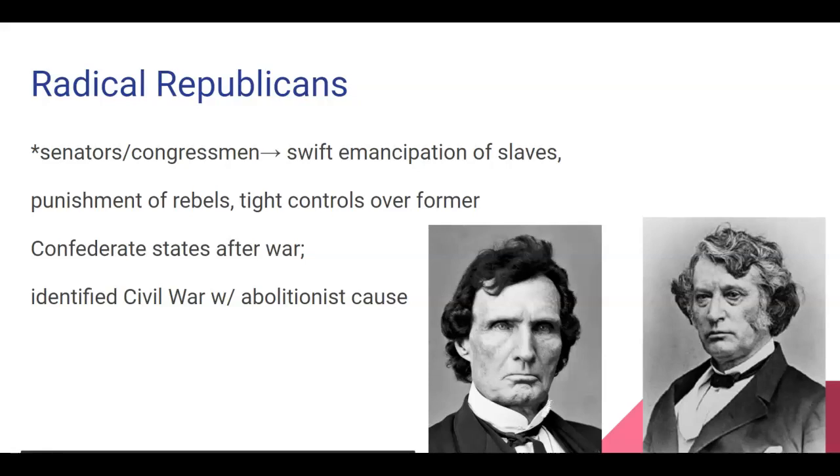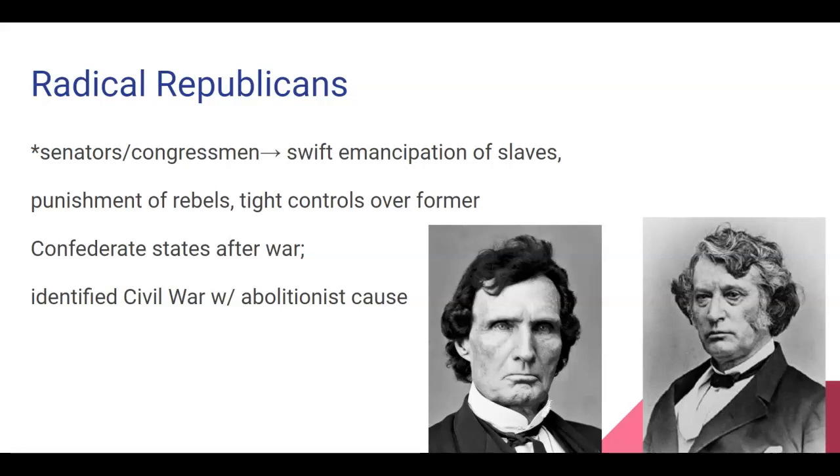Radical Republicans, and they were pretty radical for their time. They wouldn't be considered radical today, of course, but they were. You have on the left Thaddeus Stevens, and he is the poster child for radical Republicans. He was a congressman and later a senator, and he wanted the swift emancipation of slaves.